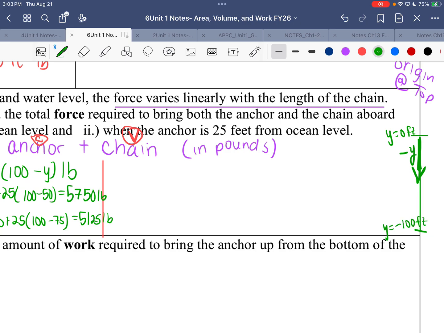Negative 100 feet. So our force equation, if you understood what I did on the left side, you can shut your ears off and just think about the lighting in this room. We still have the force of the anchor, but now the force of the chain is going to be 25 pounds per foot times negative y feet, which leaves us in negative 25 pounds as that unit.